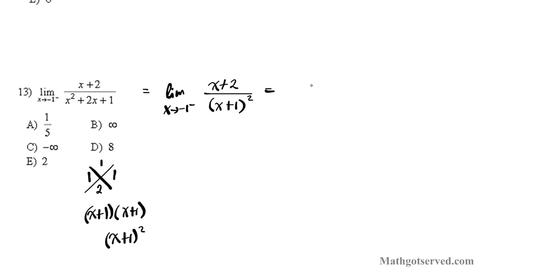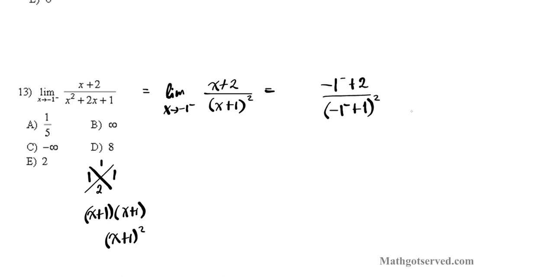So we're going to have negative 1 from the left plus 2, divided by negative 1 from the left plus 1 quantity squared. Okay?